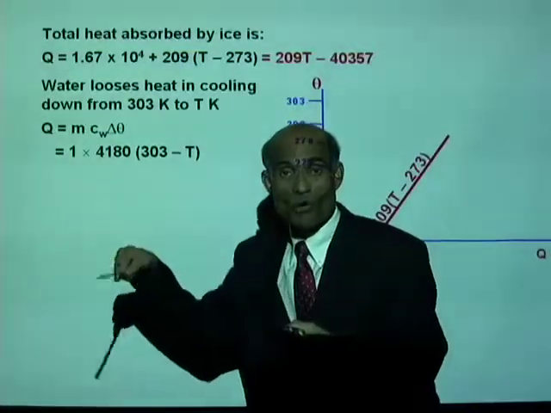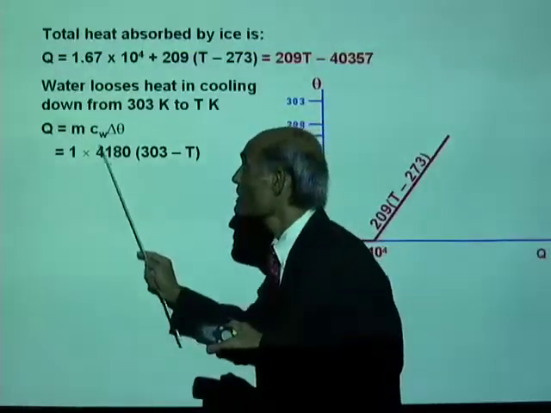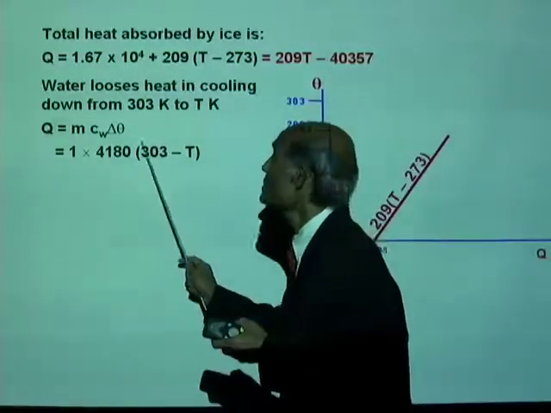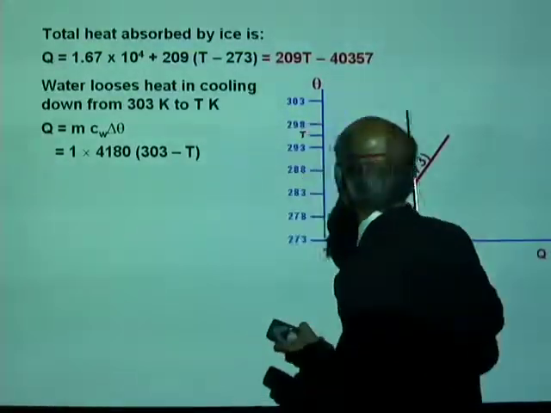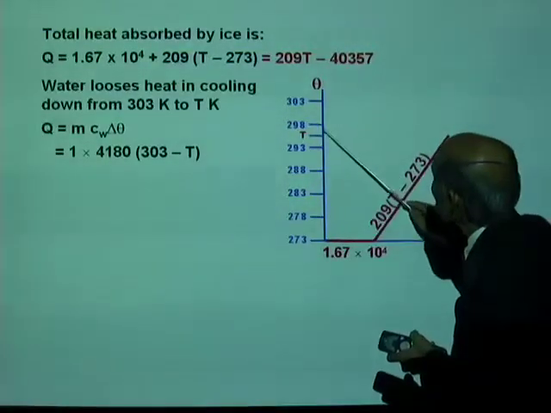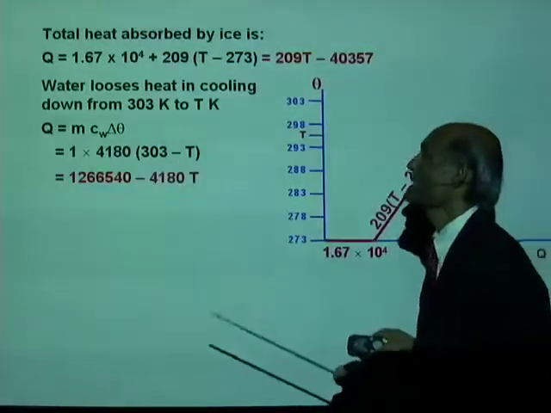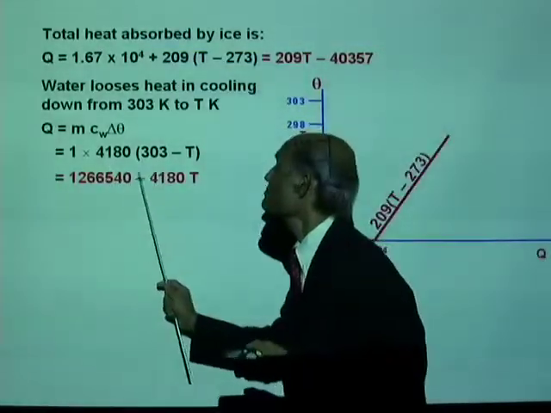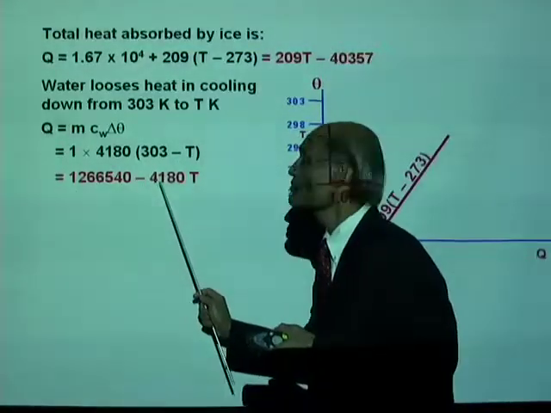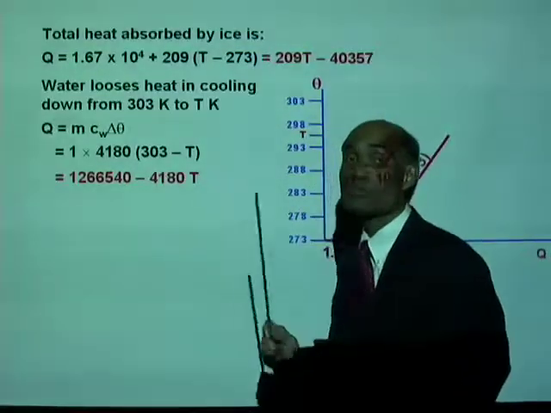The amount of hot water in the bucket is 1 kilogram times specific heat of water, which is 4,180 times the change in temperature. The change in temperature is from 303 to T. So that would be 303 minus T. And I distributed that and I got this big number minus 4,180 T.